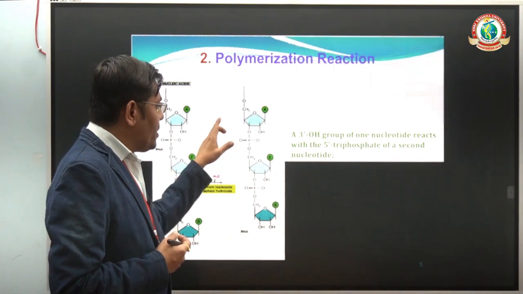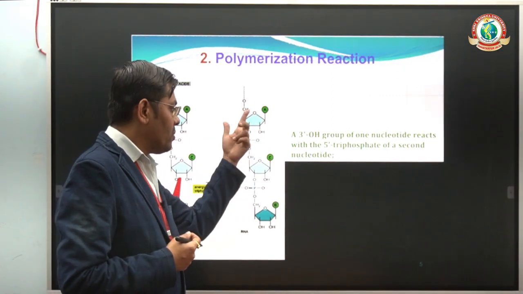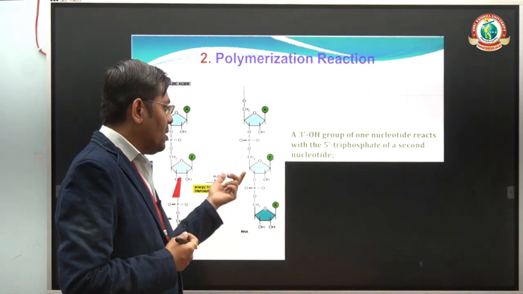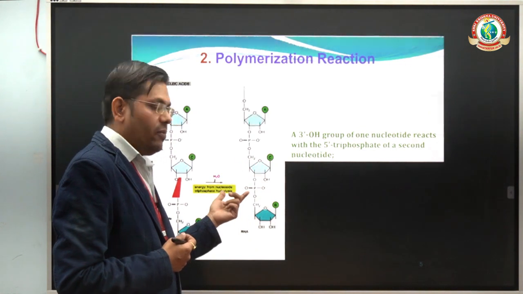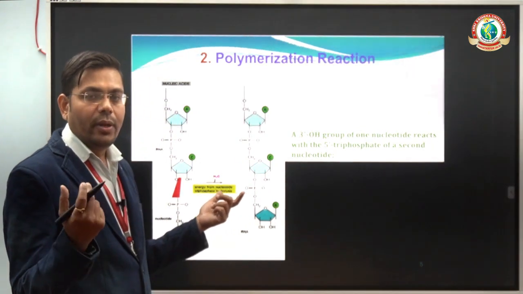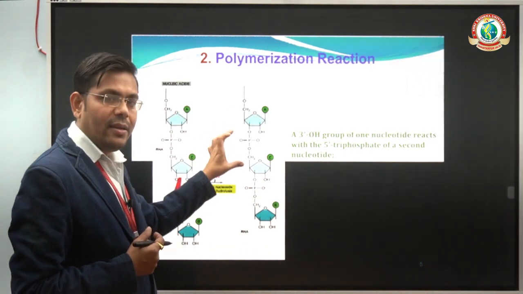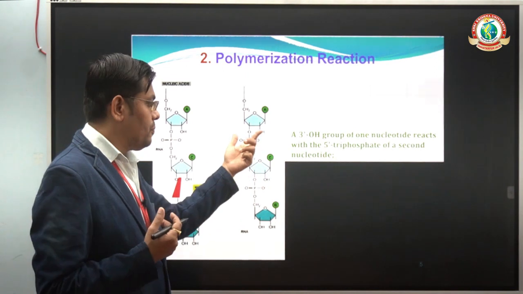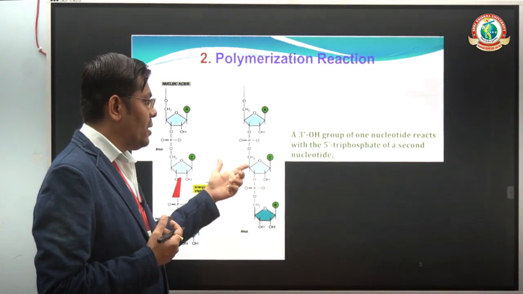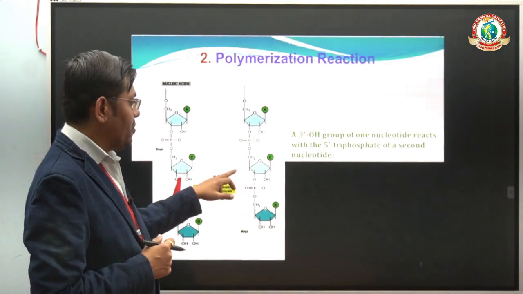The 3' hydroxyl group of one nucleotide attaches with the 5' phosphate of the other nucleotide with the help of a phosphodiester bond, because the two nucleotides bond together with the help of the phosphodiester bond, and this polymerization takes place to form RNA from DNA.